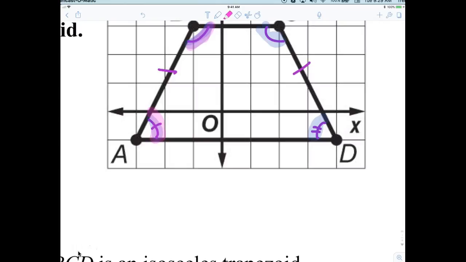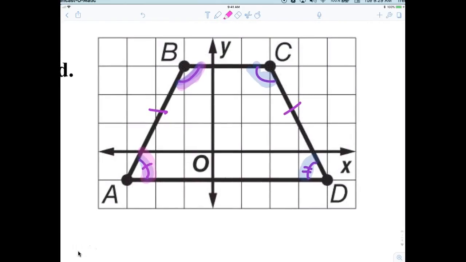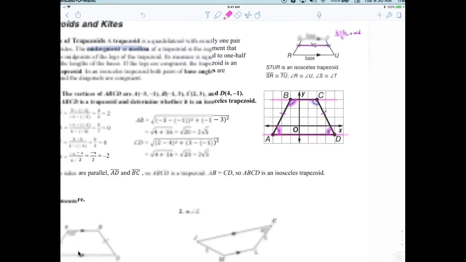This is parallel to this. Therefore, these are consecutive interior angles, so they are supplementary. If it is an isosceles trapezoid, the two base angles here are equal, and the two base angles on the top are equal. And B and A are still supplementary, and C and D are supplementary. Lots of rules.